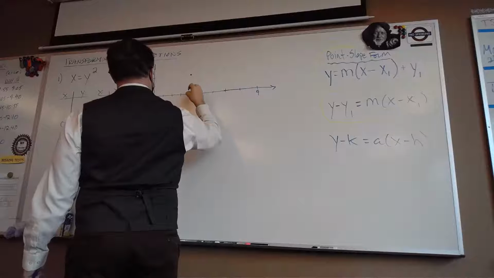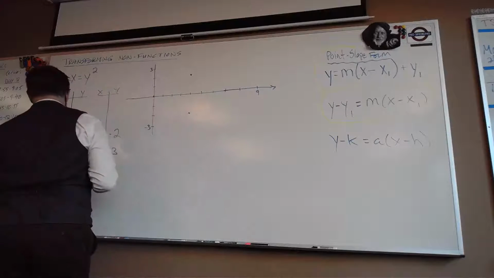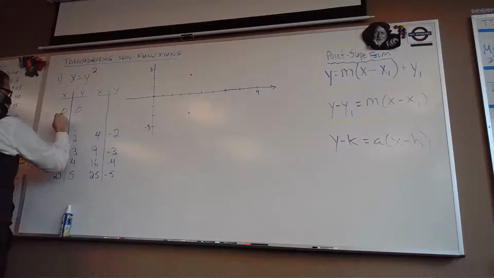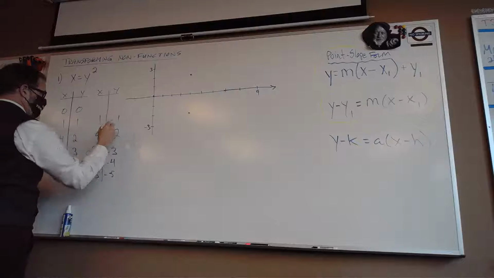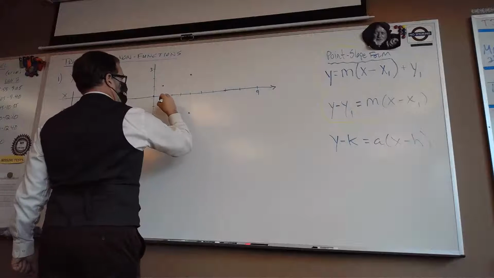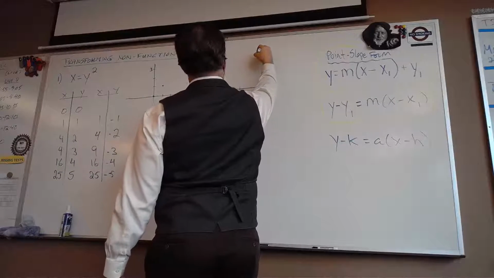Oh, I see another bunch of ones that we missed. What else did we miss? 1, 1. 1 and 1, yeah. So I'm going to move 0, 0 up, and I'm going to put 1, 1, and 1, -1, because this is going to give us a really nice graph. I love it, it's so beautiful.